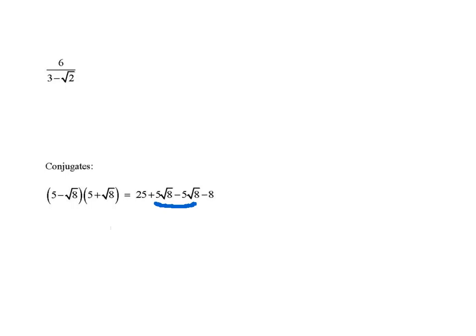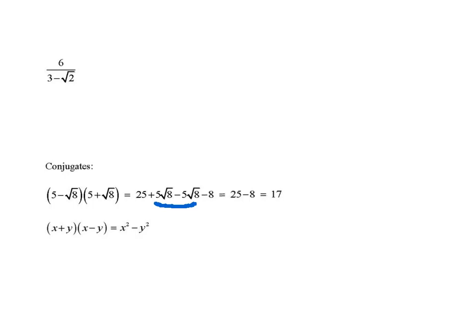So the simpler way to say what we have is just 25 minus 8, or 17. This might seem familiar to you if you think about the difference of two squares, which is a pattern you've seen in algebra. When you multiply x plus y times x minus y, you get x squared minus y squared.